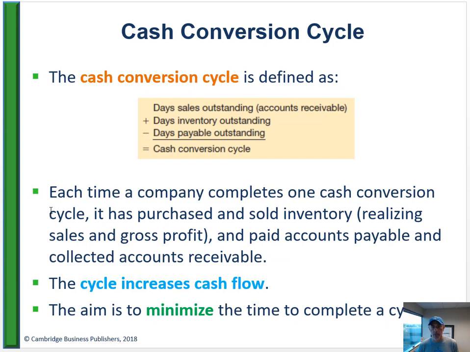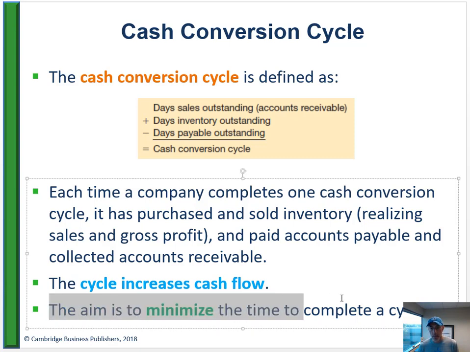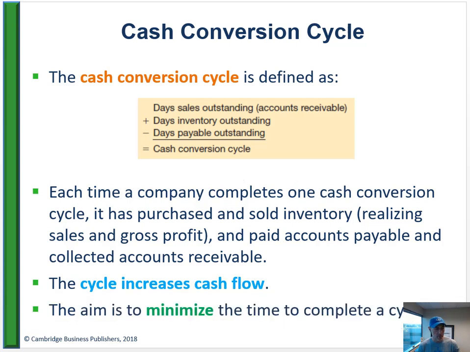All three of those, the days sales outstanding or the accounts receivable outstanding, which we've looked at in prior modules, the inventory outstanding, and the payable outstanding equates to the cash conversion cycle, which we've similarly looked at. Again, all available through Morningstar. Know this, know how to calculate it, and analyze it for your company. Recognizing all the while that the aim is to minimize this time to complete the cash conversion cycle.